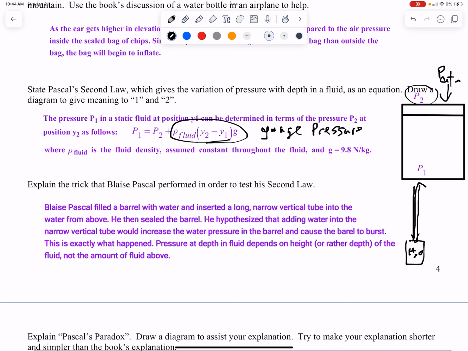And he hypothesized that since pressure depends only on the height rather than the amount of fluid, even a skinny amount of water added at a much greater height, we're talking upwards of like 10 meters, right? So at this height, it's just going to create so much pressure that the barrel would burst. And that's exactly what happened. The barrel burst open.